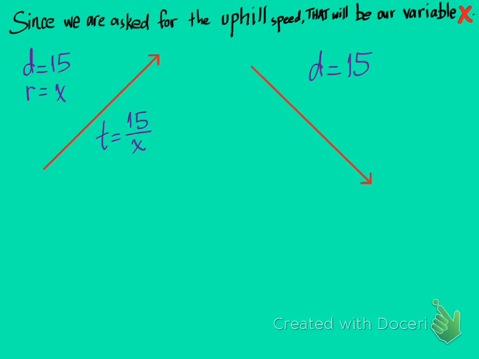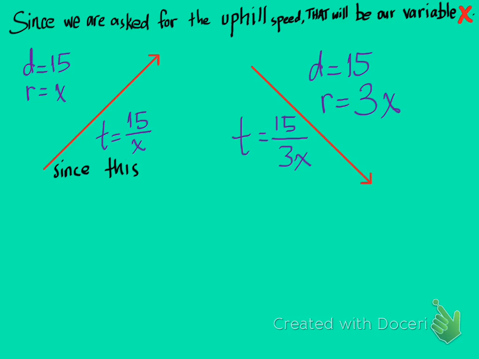The same thing can be said for the downhill portion of the trip. 15 miles again. The rate is 3x this time because it's 3 times faster going down, and so therefore the time going down is 15 over 3x. Now remember, the total time for the trip was, we called it 10/3, 3 hours and 20 minutes.